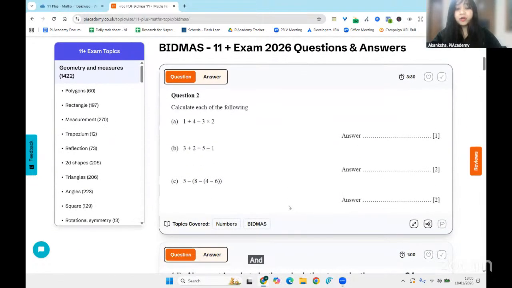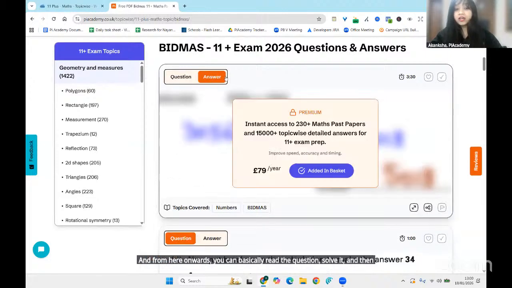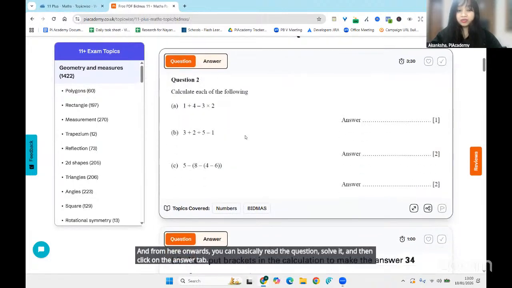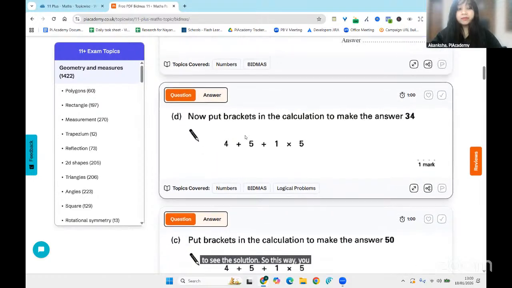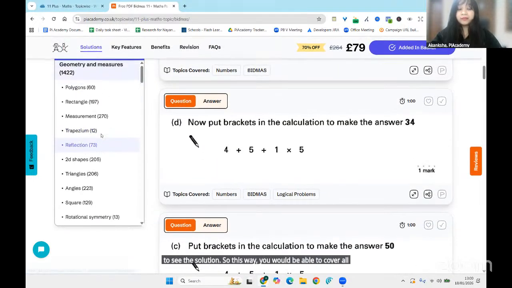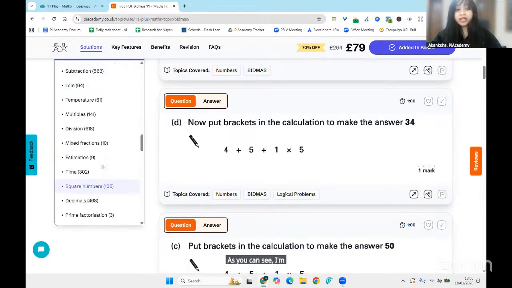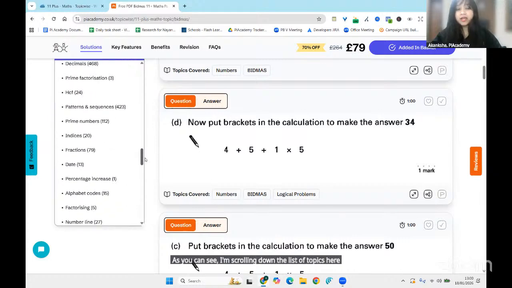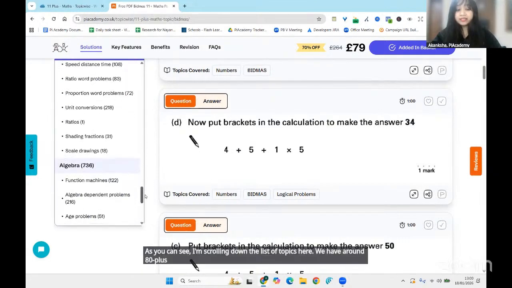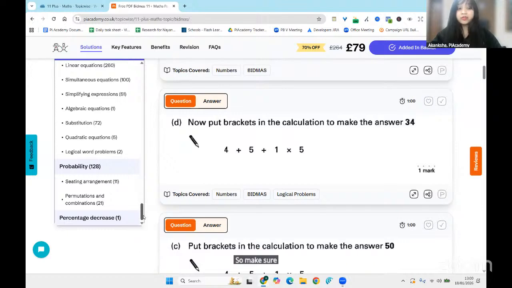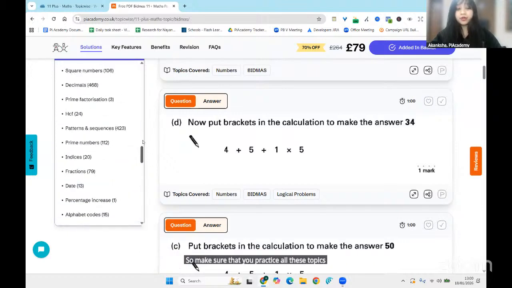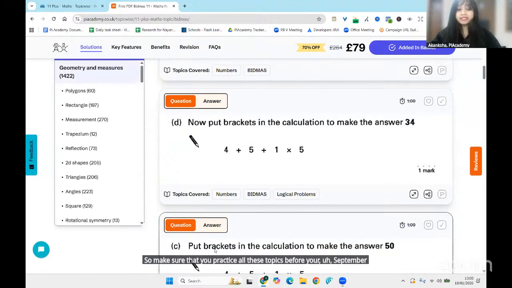And from here onwards, you can basically read the question, solve it, and then click on the answer tab to see the solution. So this way you would be able to cover all the 11 plus maths topics and subtopics which are asked in the 11 plus exams. As you can see, I'm scrolling down the list of topics here. We have around 80 plus topics listed down over here. So make sure that you practice all these topics before your September 11 plus examinations.